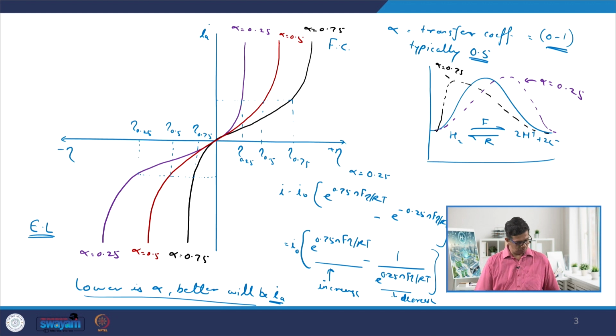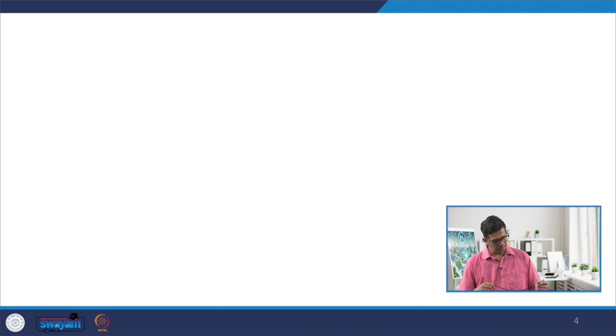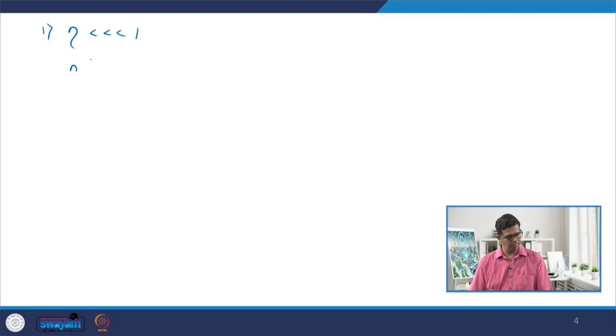So let us move on and see what happens when this eta is fairly small and fairly large. So that is what will lead to the Tafel equation. So let me write the first case, that is eta is very small. When eta is very small, this nF eta by RT is also very small.